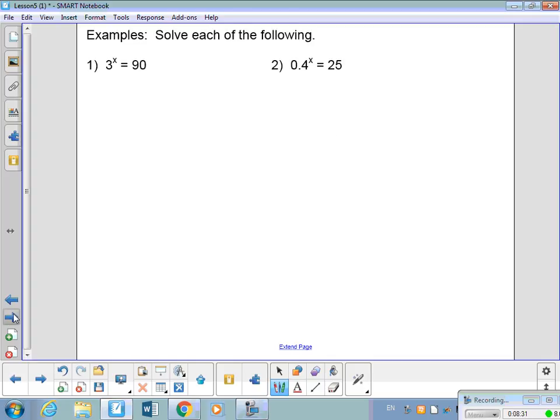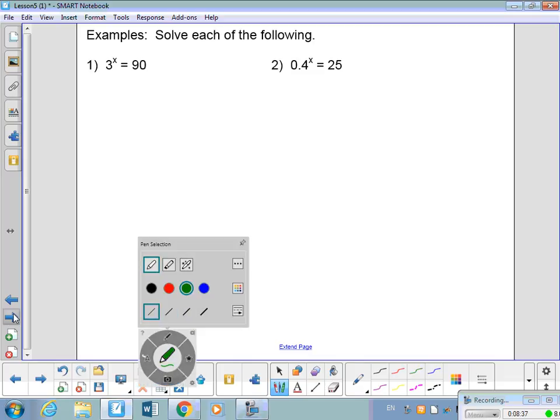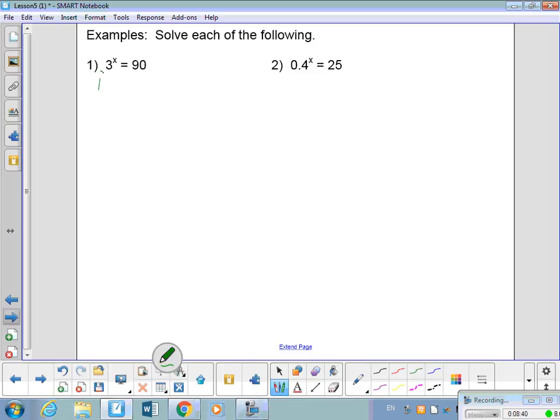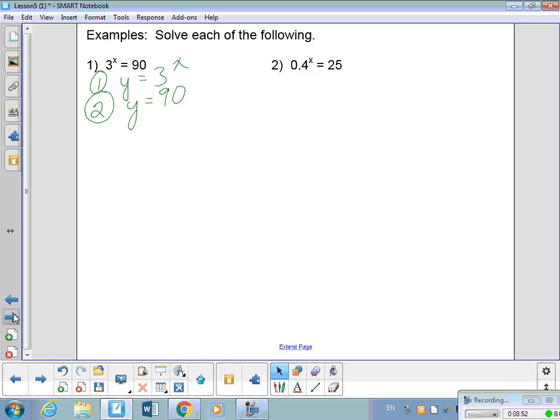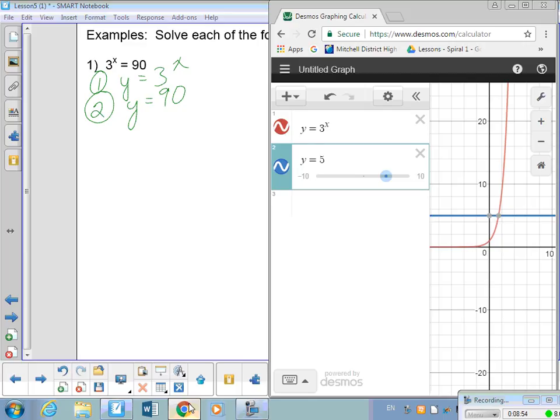So the first one is 3 to the power of x equals 90. So remember what I said, we would divide it first of all into two equations. The first equation would be y equals 3 to the power of x, and the other one would be y equals 90. So again, I'm going to bring up Desmos, and I'm just going to enter those in.